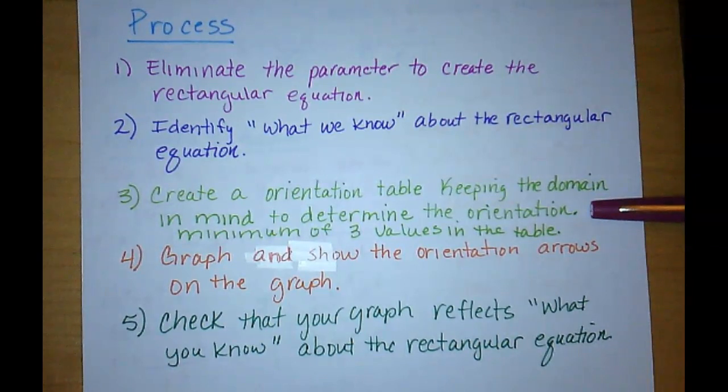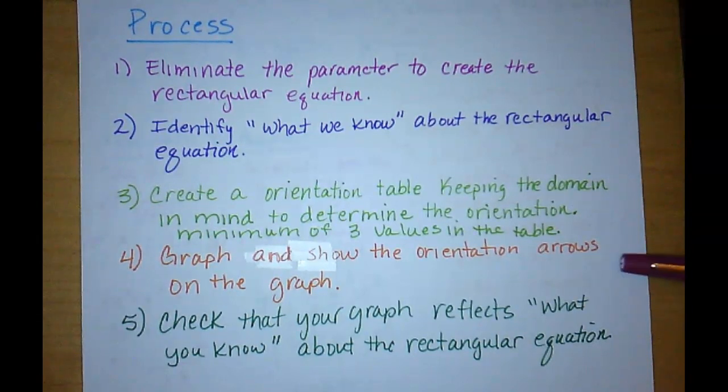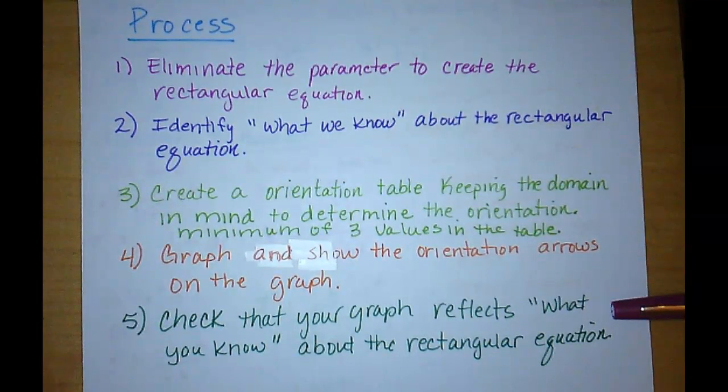We're going to create an orientation table, keeping the domain in mind to determine the orientation. That can help us with our time values, and remember a minimum of 3 values in the table. Then we're going to graph and show the orientation arrows on the graph, and then we're going to double check. Just take a minute, look back at what you wrote down for what you know to make sure that the information matches up.